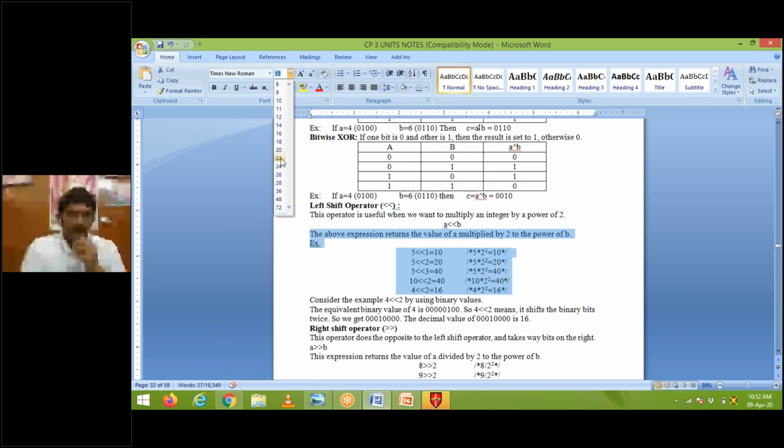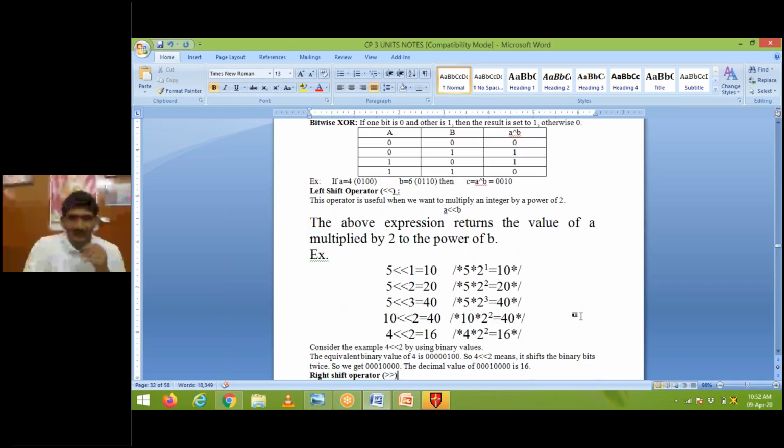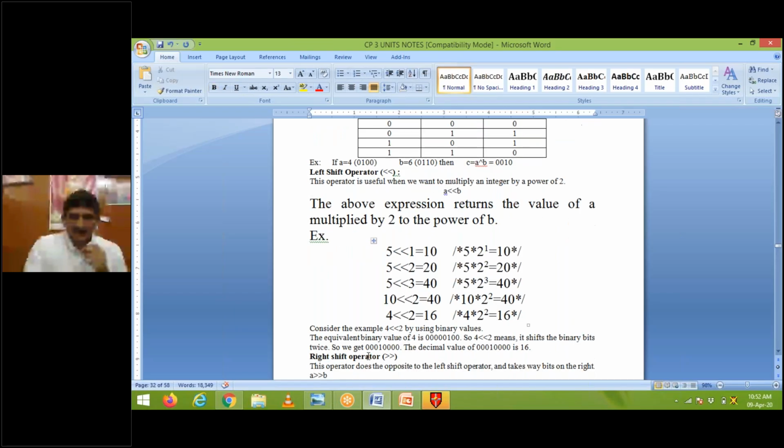Once I am zooming, okay, 5 left shift 1 means 5 into 2 power 1, that is 10. 5 left shift 2 means 5 into 2 to the power of 2. Okay, 2 to the power of b, this is b, this is a.